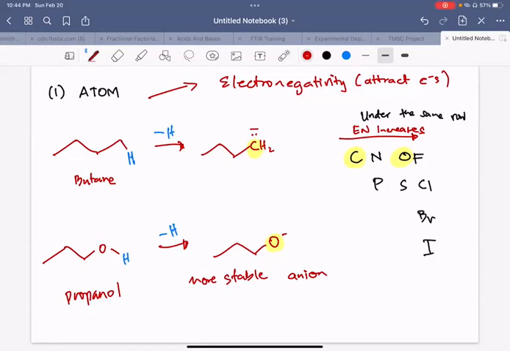Okay, so between the two, propanol is the acidic one. This is more acidic here. More stabilized anion, which means therefore this is more acidic. Therefore, propanol is more acidic than butane.